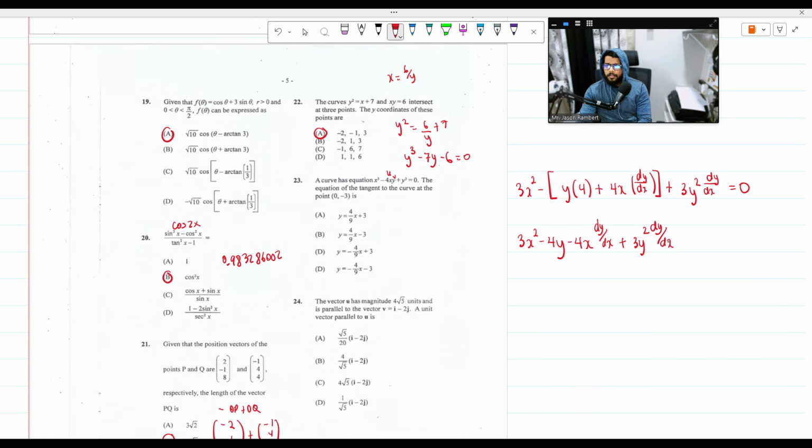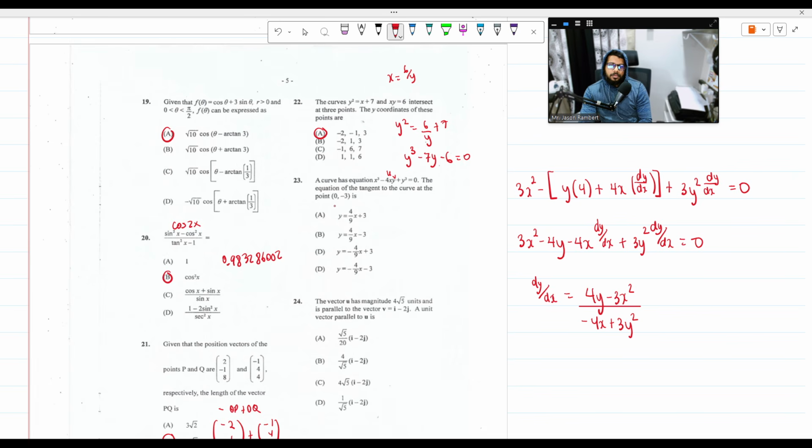So I'm going to factorize one time and rearrange, right? dy/dx is equal to, I'm going to move the 3x squared and the 4y on that side. I'll get 4y minus 3x squared. When I factorize the dy/dx, I'm going to get minus 4x plus 3y squared to divide by.